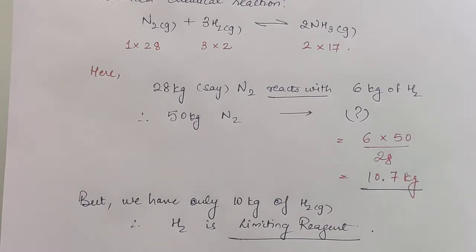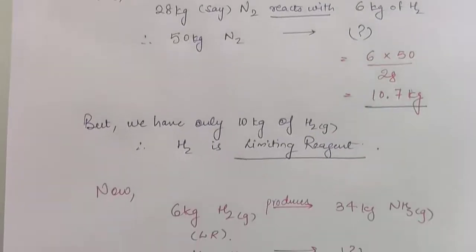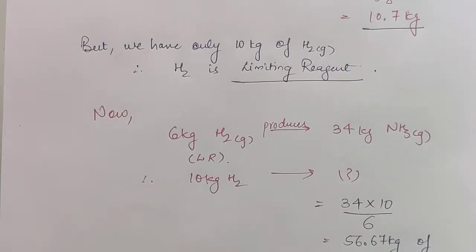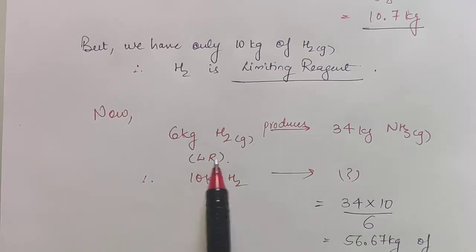Now you should also remember, students, that the limiting reagent also decides the amount of product produced. Whatever product is produced always depends on the quantity of the limiting reagent, students. So in this question the amount of ammonia being formed will also depend upon the hydrogen only. So as you can see over here, what I have done: 6 kg of hydrogen produces how much? 34 kg of ammonia. We saw that from the chemical reaction. And I have marked below hydrogen, look, LR. LR is limiting reagent.